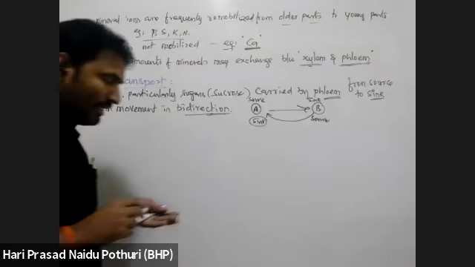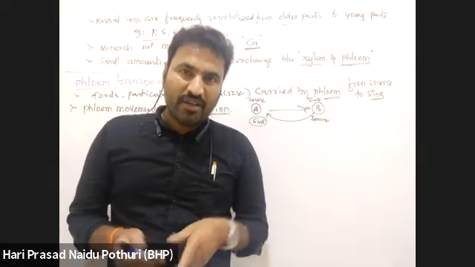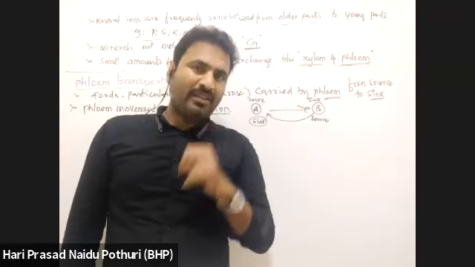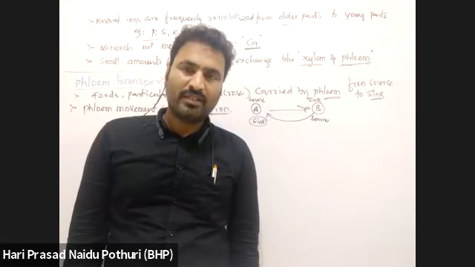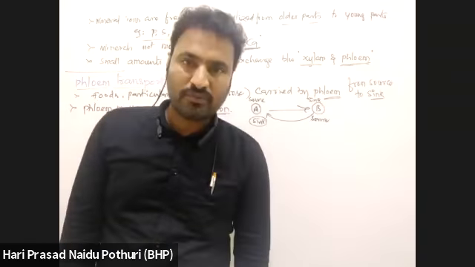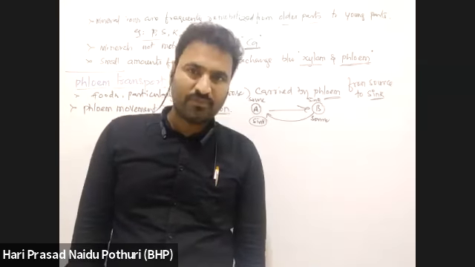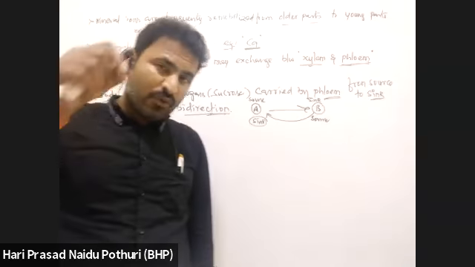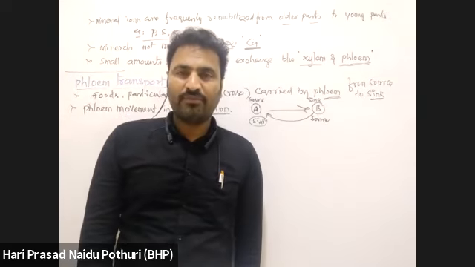Why is there a movement like this? Suppose you see, plants carry out photosynthesis and prepare food, right? By photosynthesis there is formation of glucose and sucrose. Photosynthesis is carried out and food is prepared by the leaf.